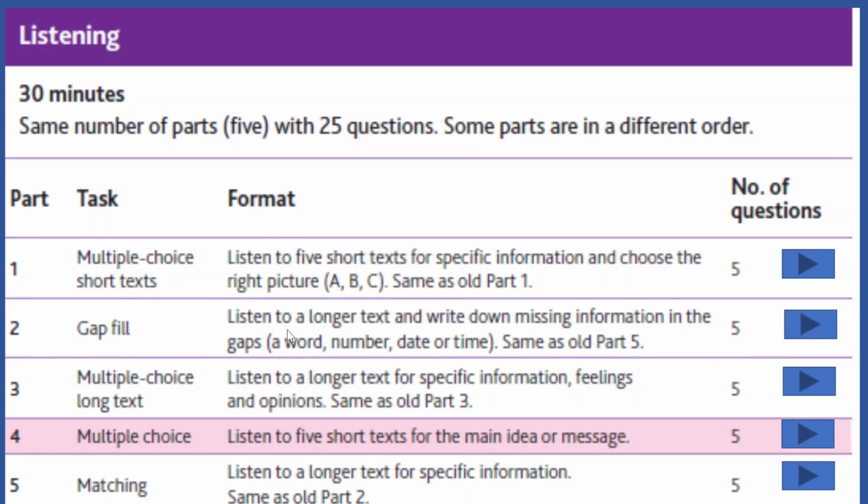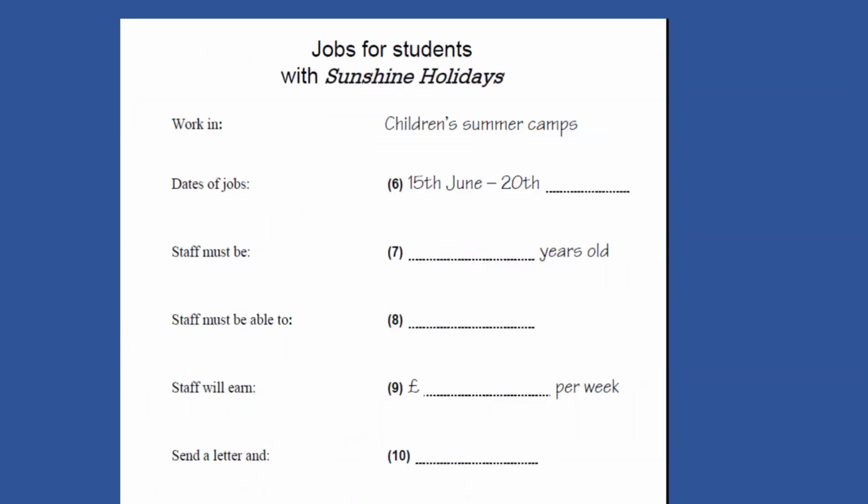Students are going to listen to a longer text and write down missing information in the gaps, either a word, a number, a date, or time, the same as old part 5.